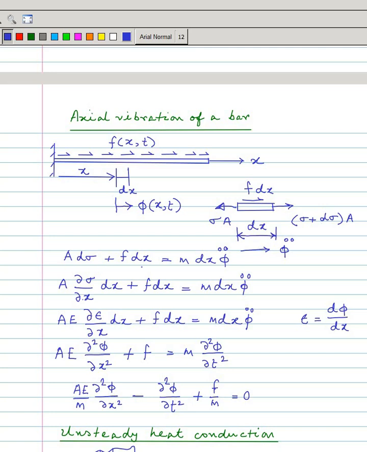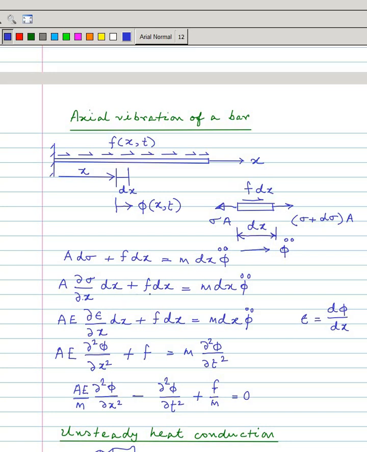If you write down the force equilibrium equation, this is the net force in the right hand direction, and if you take positive x to be the positive direction of phi, this is phi double dot here. So m dx is mass of this, where m is mass per unit length. So this is the equation.